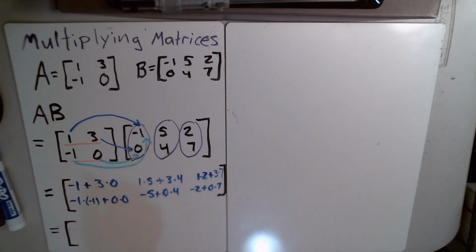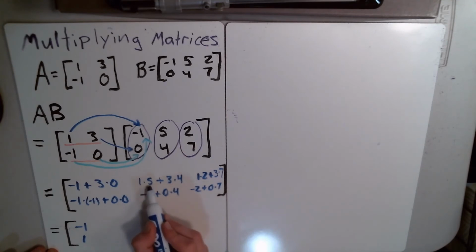3 times 0 is 0, and then I'm going to add that to -1 is -1. -1 times -1 is +1 plus zeros, so +1. 1 times 5 is 5 plus 3 times 4, 12.